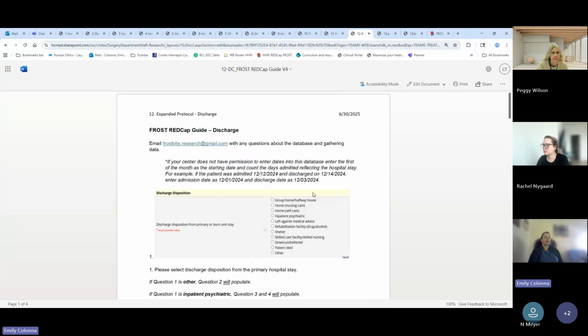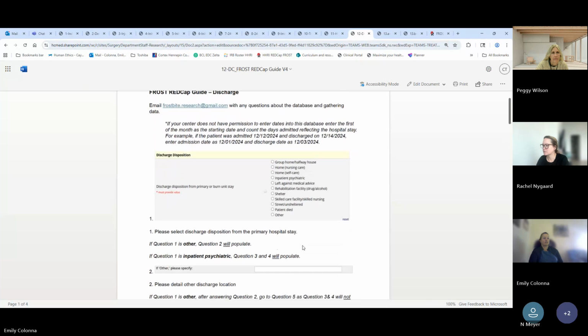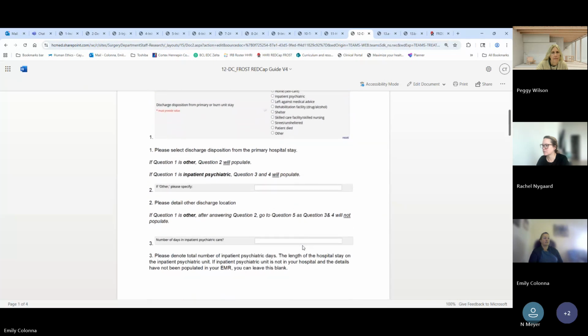Discharge, where did they go after their primary stay? If they went from admission to your unit and then psychiatric care, you can enter that number here. I know at our place, we try to get people into psychiatric care once they're done with the ICU so that they can receive good wound care along with mental health care.